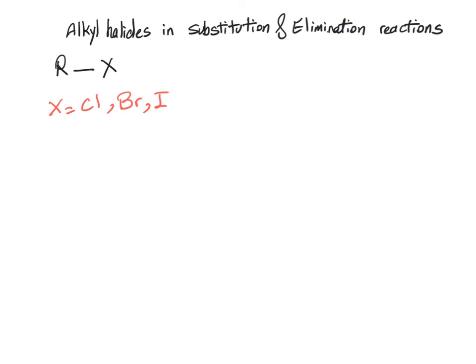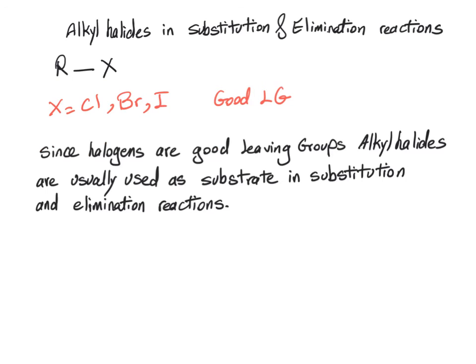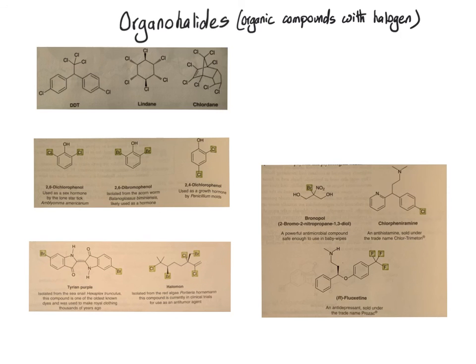Chloride, bromide, and iodide are good leaving groups. And for that reason, alkyl halides are usually used as substrates in substitution and elimination reactions. Organohalides have many applications.